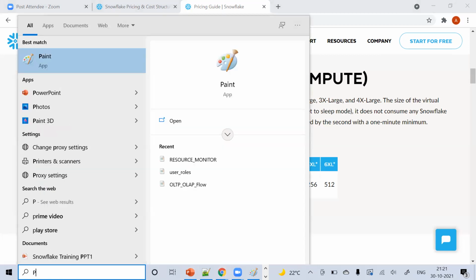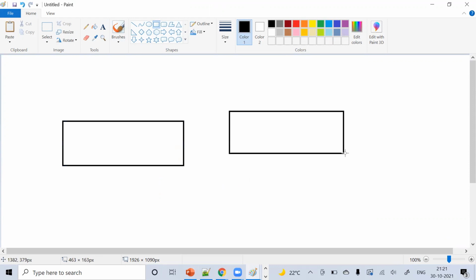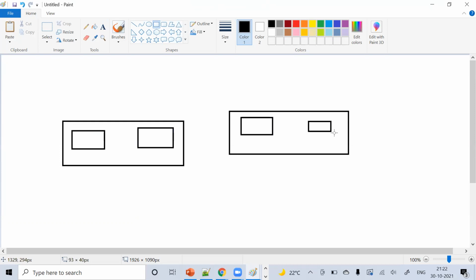Wait, let me. Yeah, so you are saying if you are using 2 clusters, that's what you are asking. And what is the size of your warehouse? Maybe you can keep small actually. Small means 2 nodes. Yes. Okay, 2 clusters. Now what you are saying? Another one is a single cluster with 4 nodes.